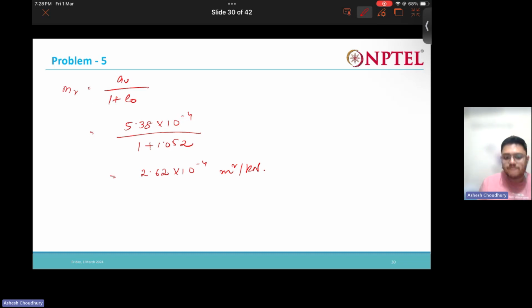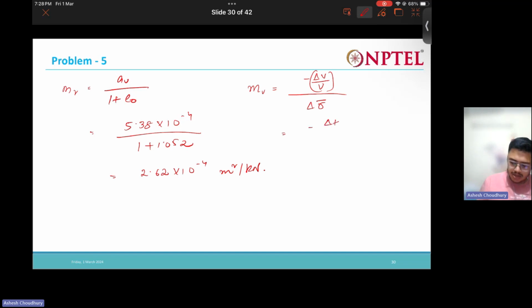Why is m_v known as coefficient of volume compressibility? Can you tell me why? Because m_v is nothing but the ratio of the change in volume to the change in effective stress.